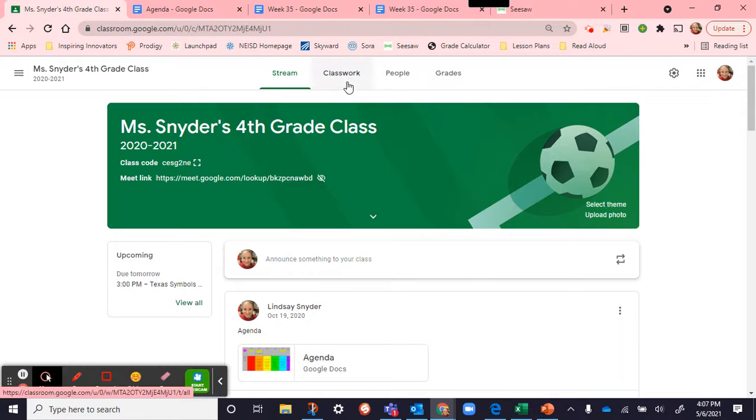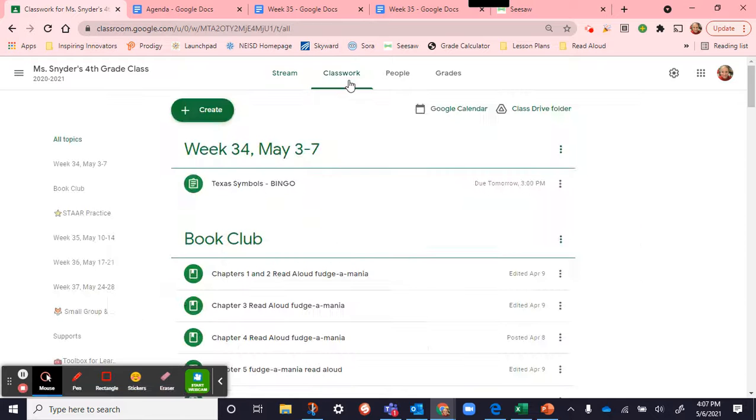All right, for social studies, when everybody came back from the library, we played, oh, I'm going to the wrong spot. In Google Classroom, under classwork, we played this Texas Symbols bingo game.